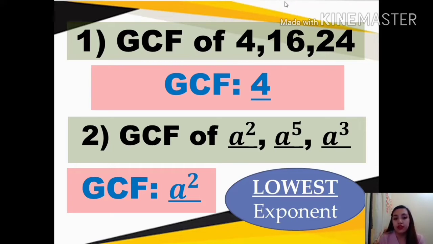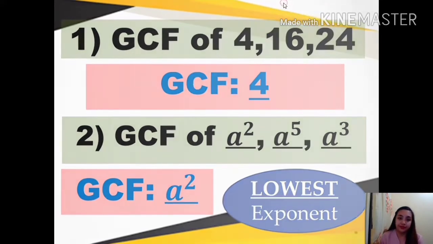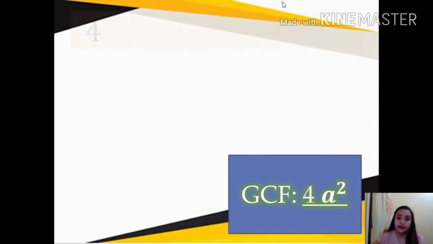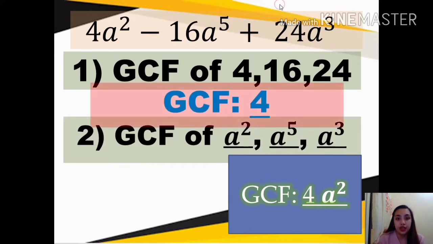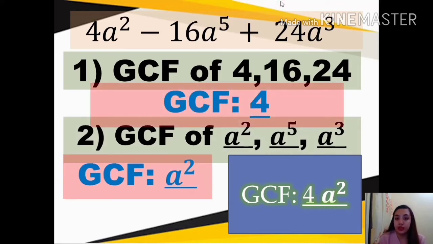Therefore, the GCF is a squared or a to the second power. Now, to get the GCF of the whole expression, we are going to combine the two GCFs, which are 4 and a squared. Therefore, the final GCF of the whole expression is 4a squared.